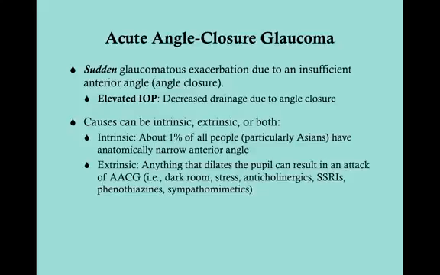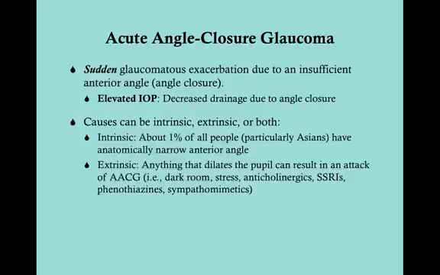Okay, so acute angle closure glaucoma. This is a sudden glaucomatous exacerbation, either in a patient who has glaucoma or who doesn't. Always due to an insufficient anterior angle. And this causes a sudden elevation of intraocular pressure due to decreased drainage because of the small angle.